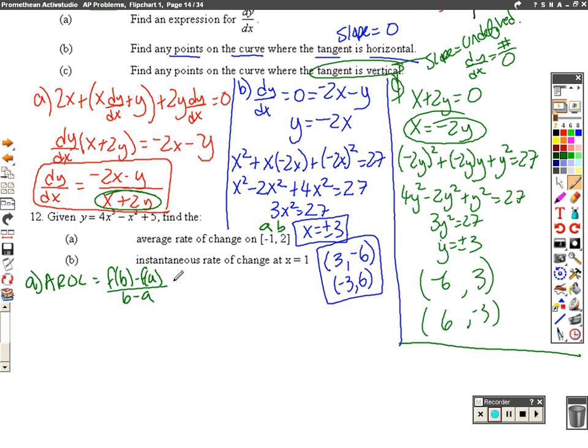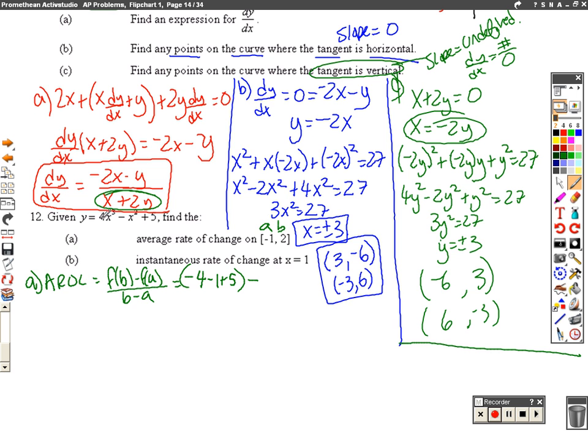So the function, if I plug in negative 1, I've got 4 times negative 1, so that would be negative 4, minus negative 1 squared. Negative 1 squared is 1, so minus 1 plus 5, minus, okay, let's plug in 2.